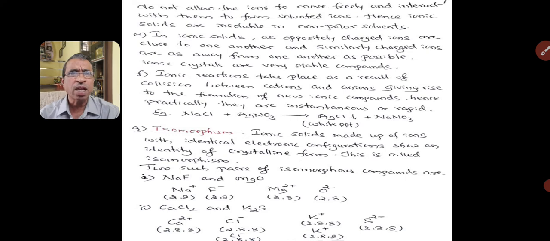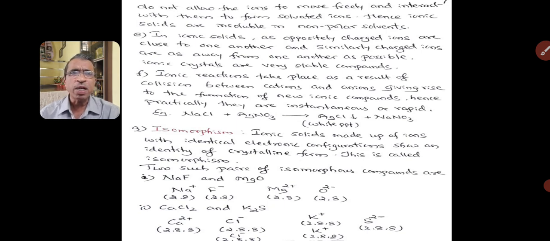Hence, practically they are instantaneous or rapid. The example for this is a sodium chloride solution. To this, when silver nitrate solution is added, instantaneously we get a white curdy precipitate of silver chloride. So, these are instantaneous, very fast reactions.